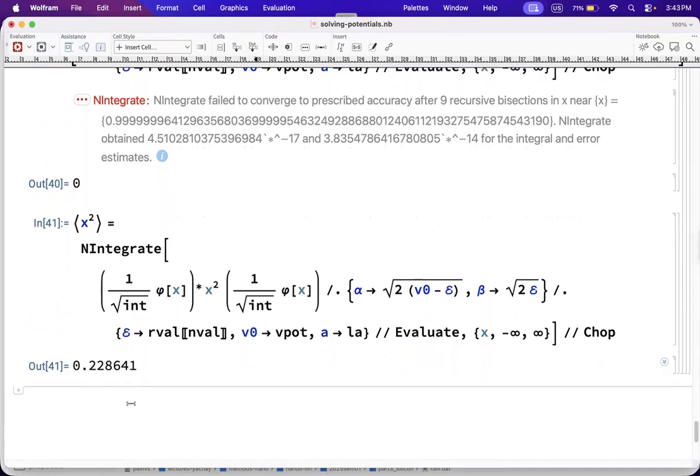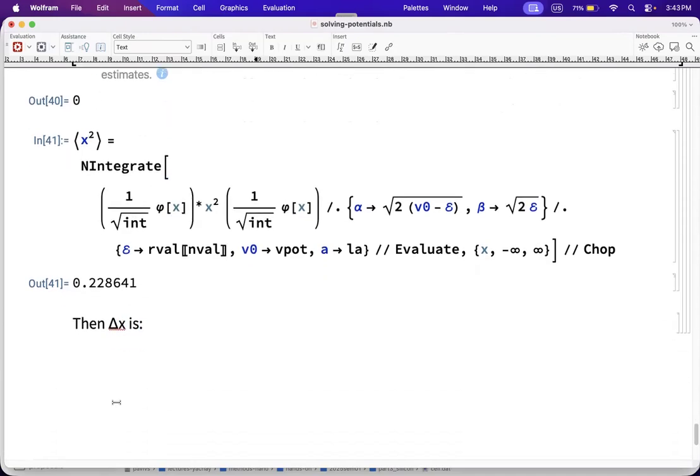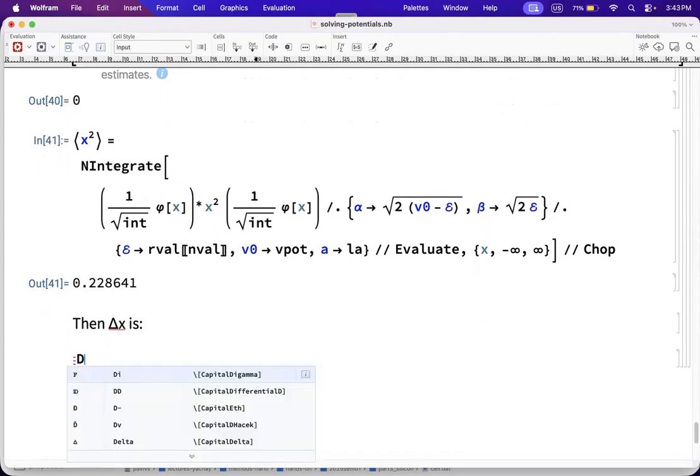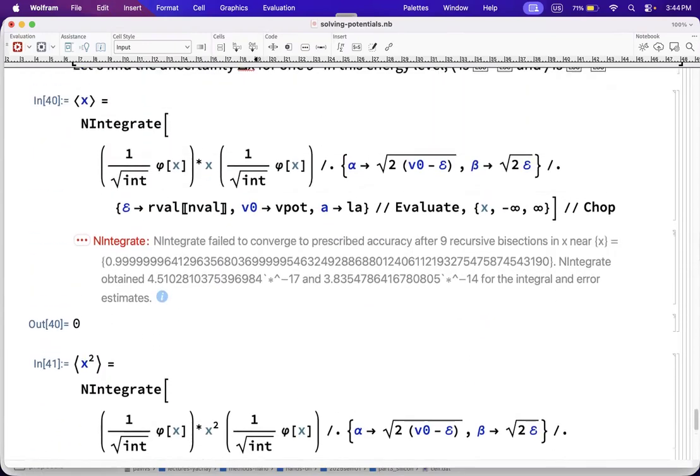Then delta x, what is delta x, please? I'm going to type delta x equals, it's very simple. You just copy this, minus this squared, and take the square root.